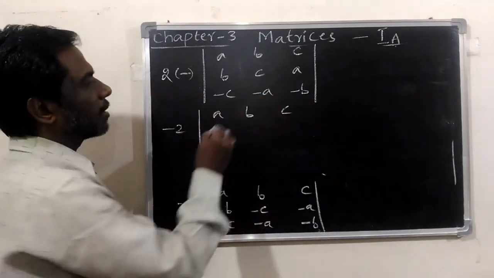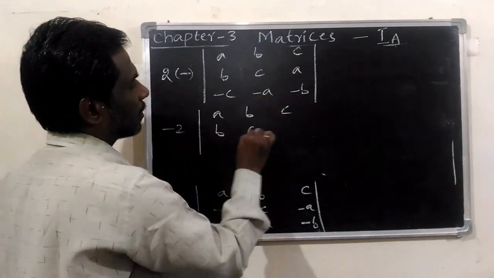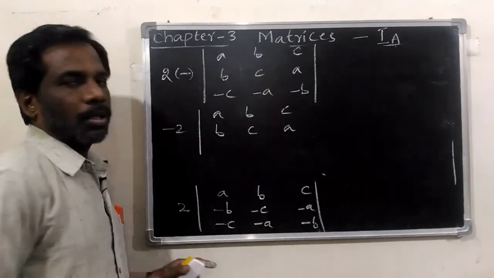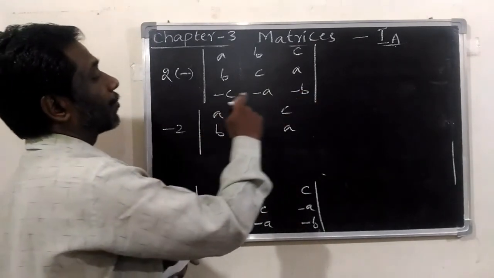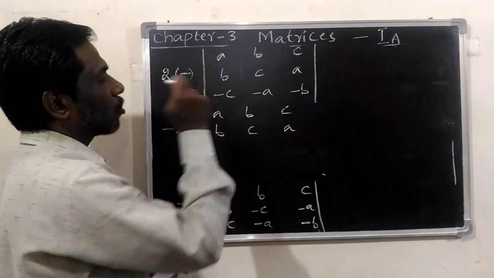First row I am writing as it is, B, C, A. Second row is also written as it is. From the third row I am taking minus common.